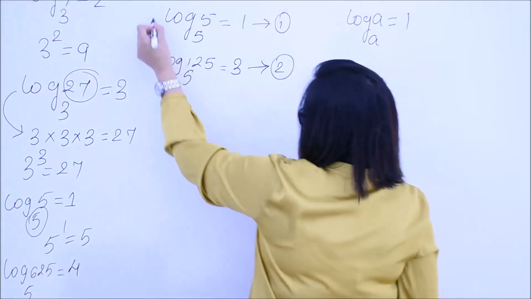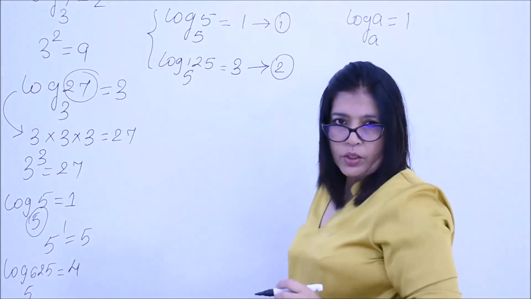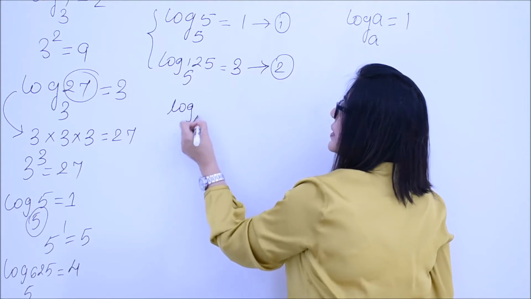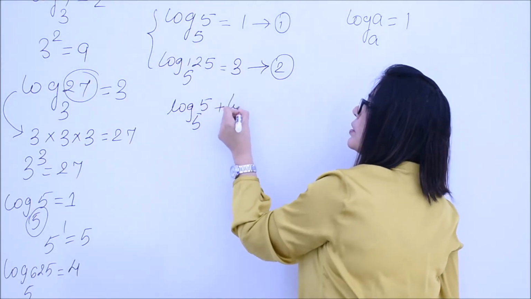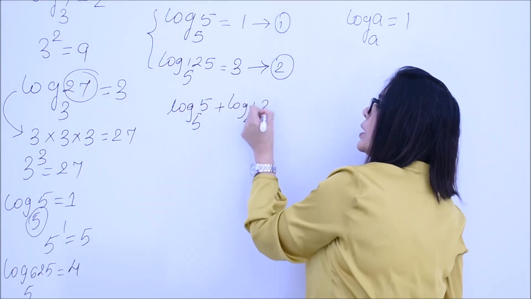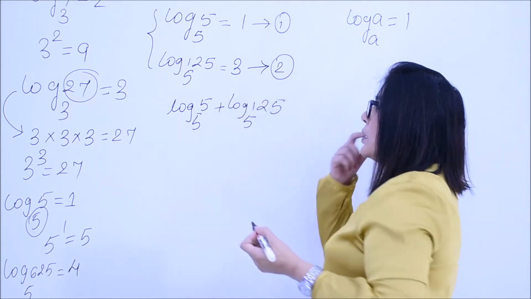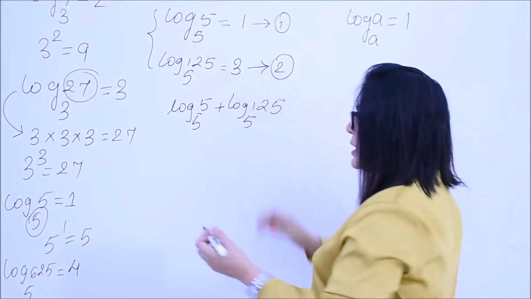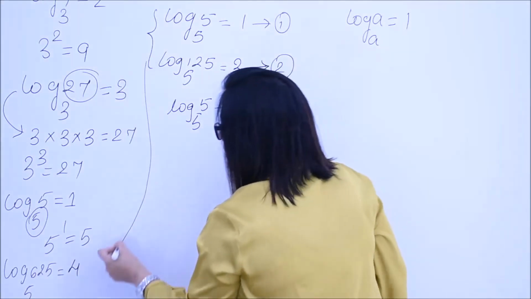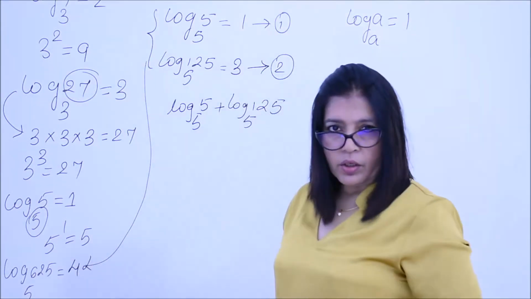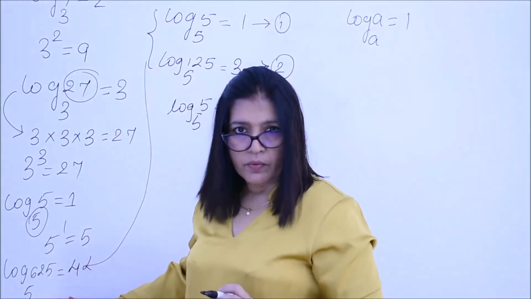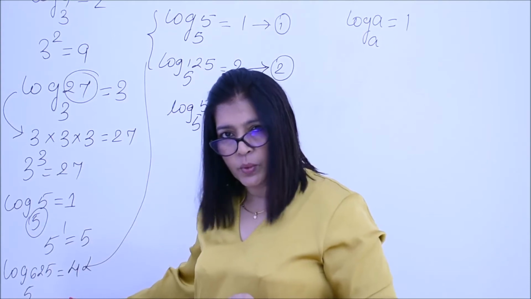Now what if I add these two equations, log to the base 5 of 5 plus log to the base 5 of 125. Now how can I relate equation 1 and 2 in terms of, let's say, this equation? If I have to relate these two equations with this, will I be able to find out some relation between them?